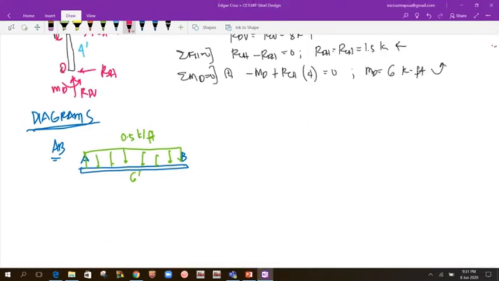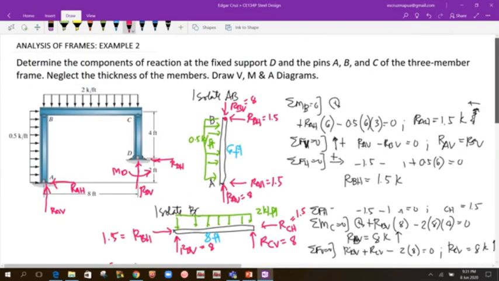Okay, so yung, so we have 1.5 yung mga reaction horizontal tsaka 8 compression. 1.5 tsaka 8.